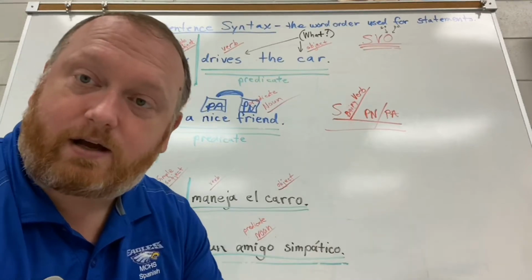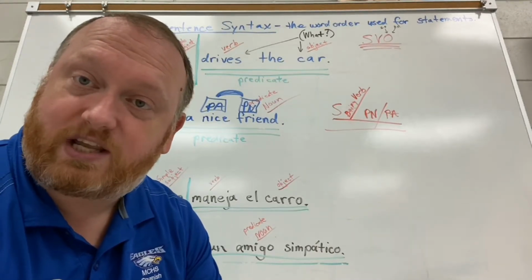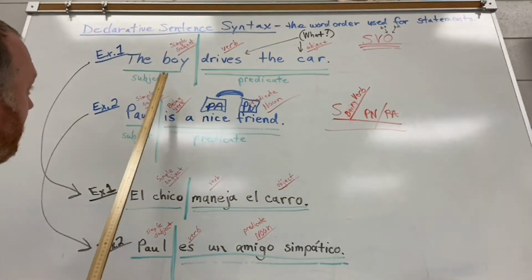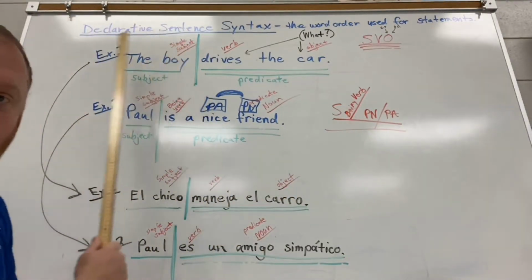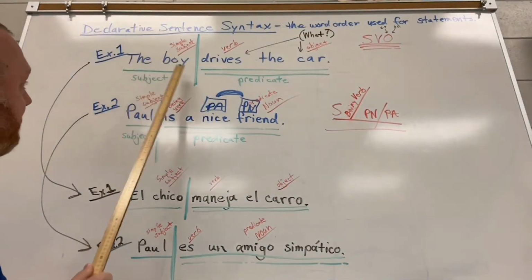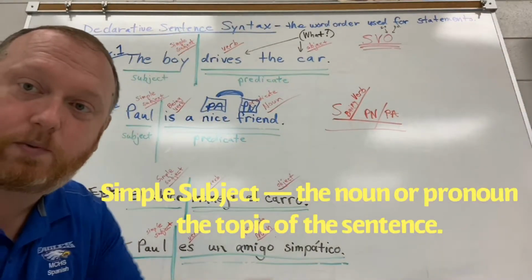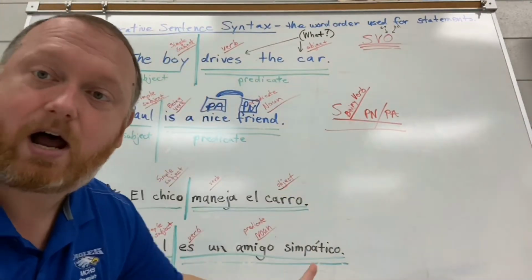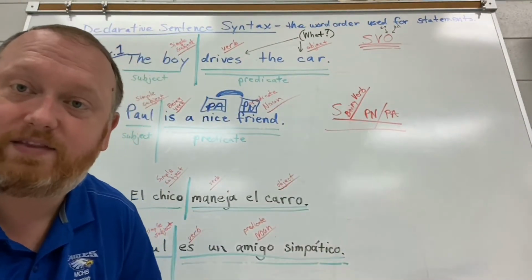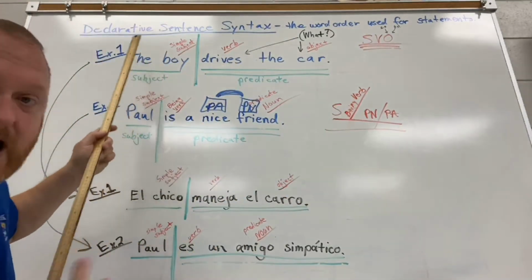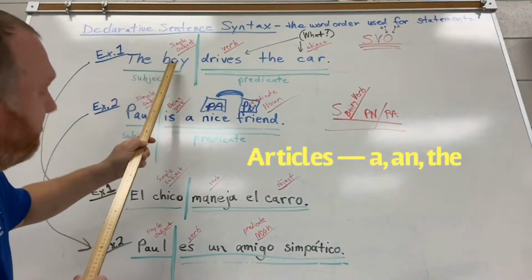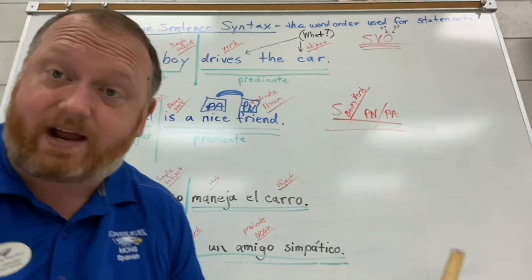All right, let's look at the subject portion of the sentence real quick. Here we have the boy. All of this is the subject portion of the sentence. Inside of it, you have the simple subject, which we call the noun or the nominative. That noun is the topic of the sentence. That's what it's all about. Then we have an adjective, which happens to be called an article, the. It tells us something about boy. What does it tell us?